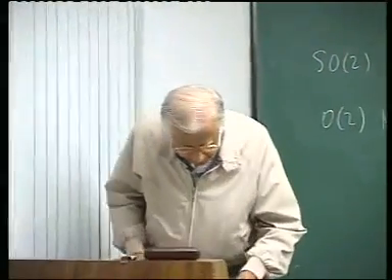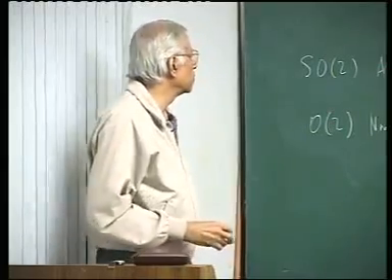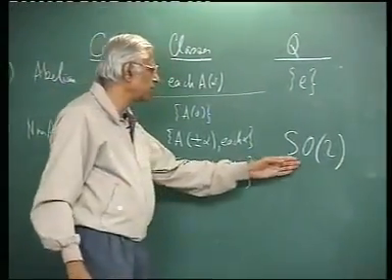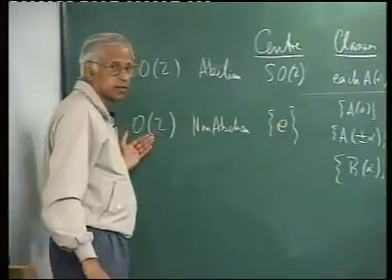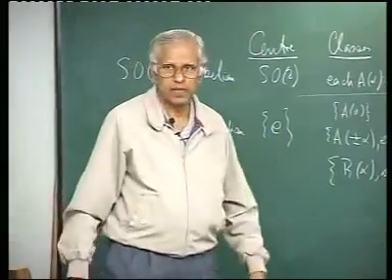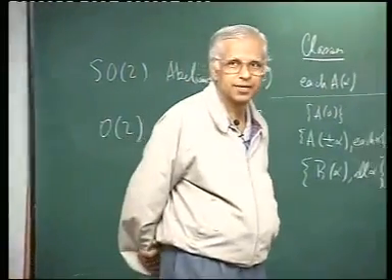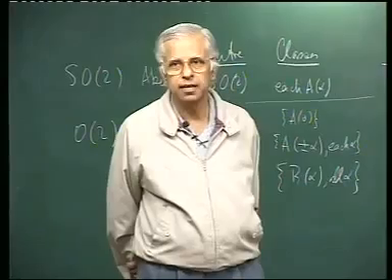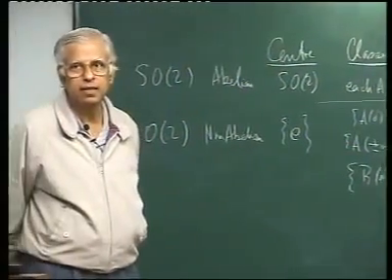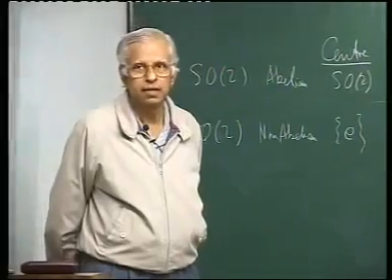Therefore, we can say SO2 is an invariant subgroup in O2. B alpha and conjugate by E. You take B alpha and conjugate by E. That gives you B minus alpha.